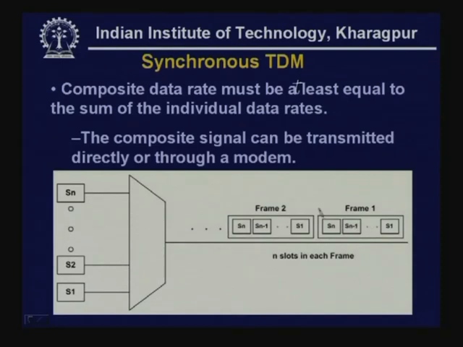So, here some kind of framing is done, as you can see the interleaving. Here we have a part of the data coming from source 1 in time, then the data from source 2, then data from source 3, and in this way data from source n.